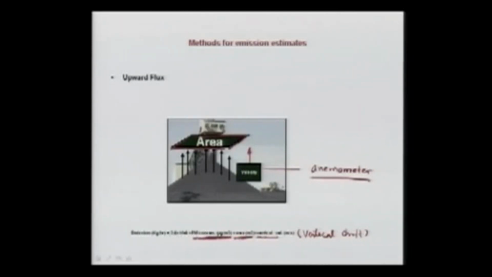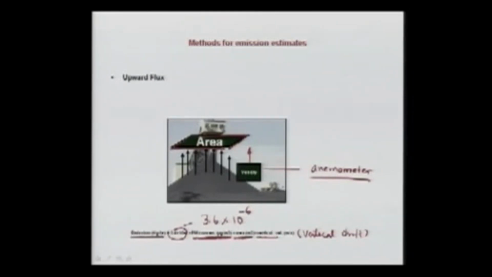Then there are unit conversions required here. You should read this as 3.6 into 10 to the power minus 6 actually. These are unit conversions, and then you can get the emission rate in kg per hour.